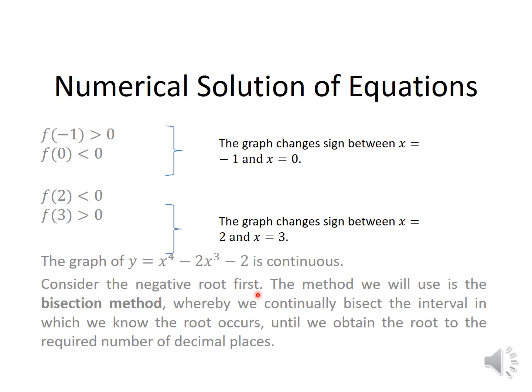Consider the negative root first. The method we will use is the bisection method, whereby we continually bisect the interval in which we know the root occurs until we obtain the root to the required number of decimal places.